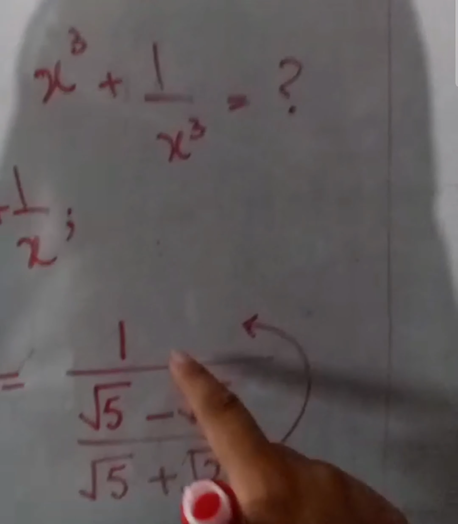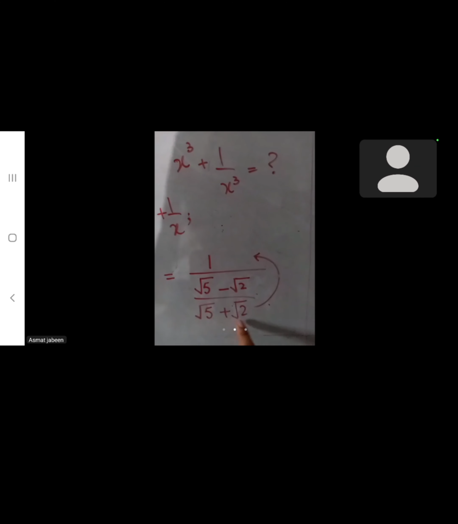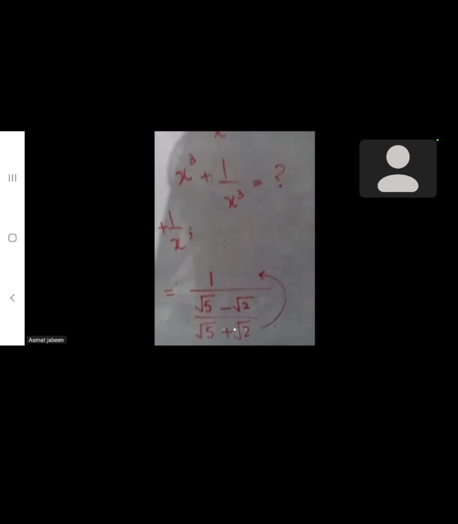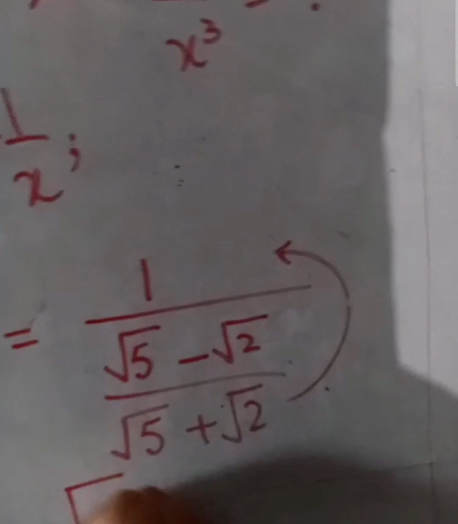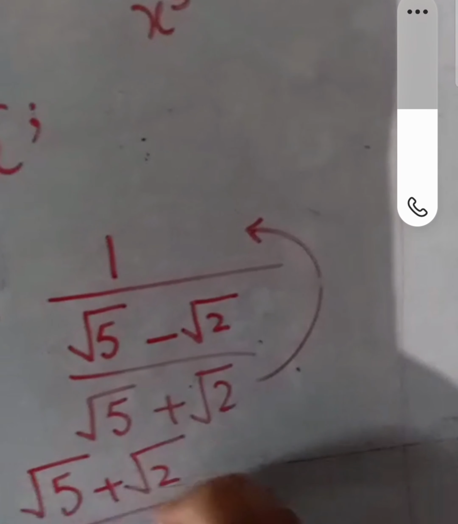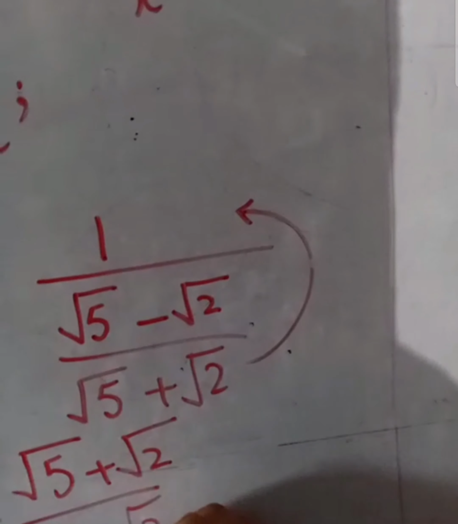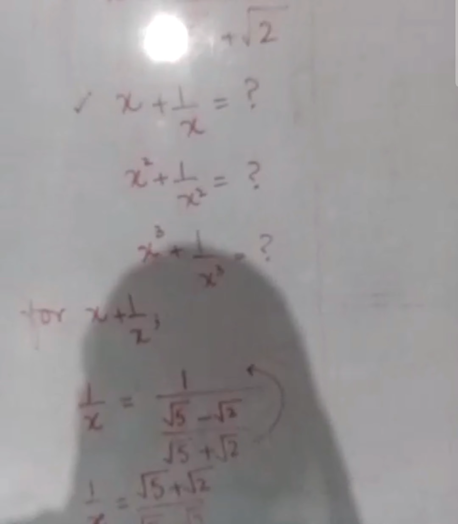The third denominator, like first, second and third, this is the third term, it will be shifted towards the first numerator: square root 5 plus square root 2 divided by square root 5 minus square root 2. This is the value of 1 by x.